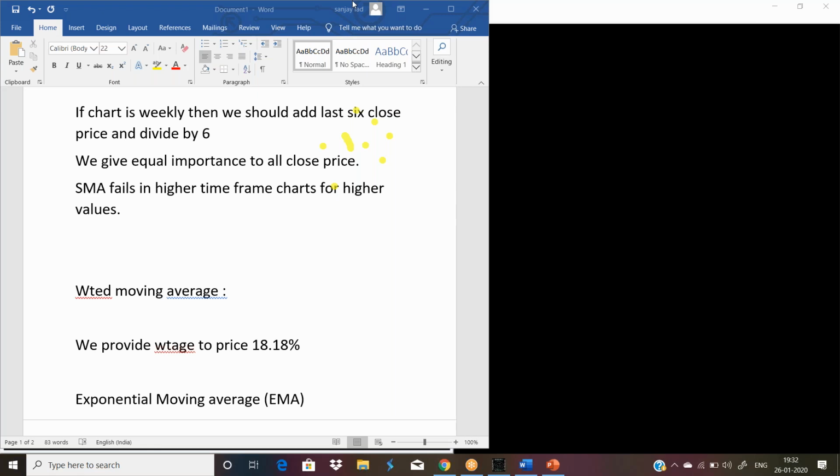Because it takes account of the previous close price. It takes account of the previous EMA. Previous close means previous EMA also.